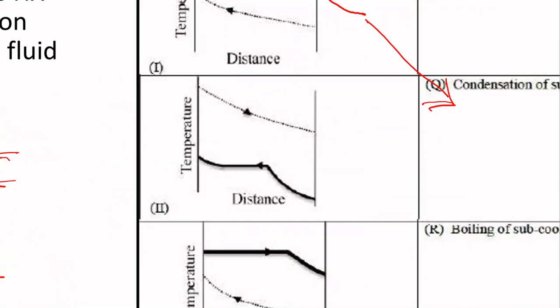Right one. Yeah, so this is the entry. This is the exit, correct? Okay, so at the entry, what is happening? Temperature is increasing. Okay, so some sort of heating, correct? Yes.